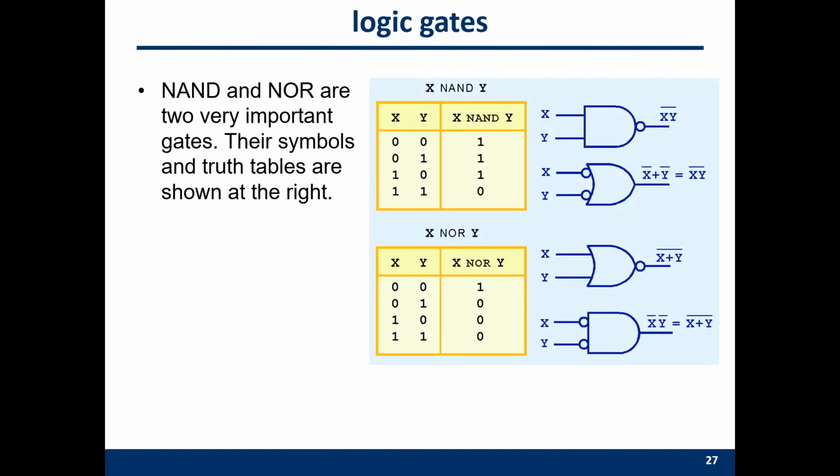The NOR operation also adds a NOT gate to the output of the OR gate. Due to De Morgan's law, you have multiple methods to implement the NOR gate and the NAND gate.